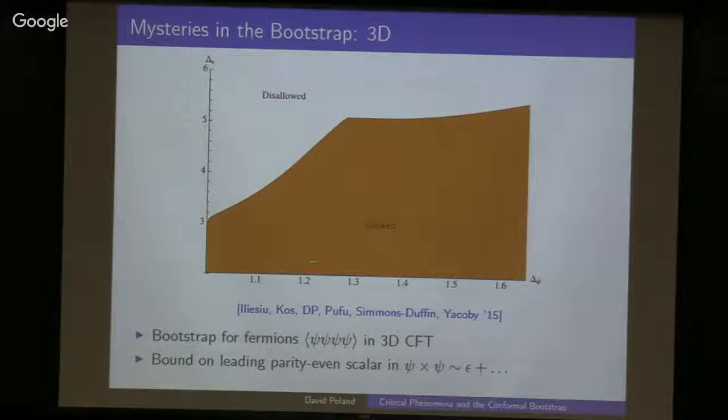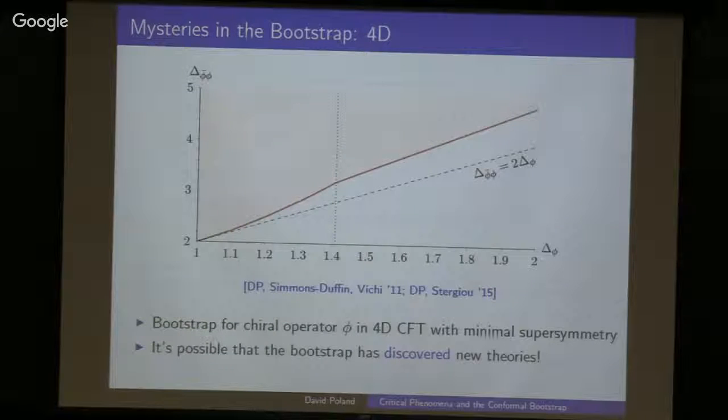So I just wanted to mention a couple examples. One comes from looking at the bootstrap for fermion 4-point functions in 3D. Here we see a kink. Another comes from looking at the bootstrap in 4-dimensional theories with minimal supersymmetry, or n=1 supersymmetry. Again, we see a kink. It's not completely obvious in this plot, but there are other plots you can make that make it clear that there's an interesting discontinuity going on at this value 1.41.